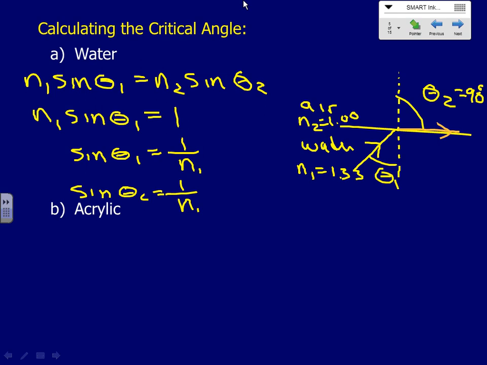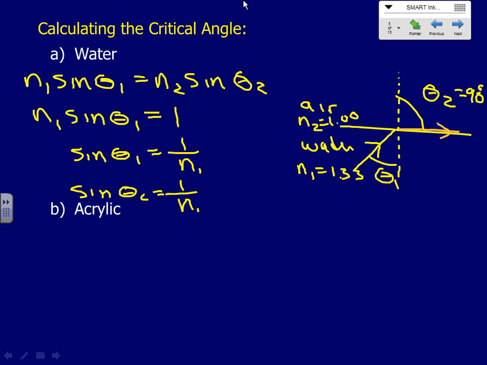N1 sine theta 1 equals 1, right? And you want to do this. You want to go, let's divide by N1 and divide by N1. How's this looking? Is that looking better for you? And then I want to go like this, right? Yeah. Because when you do that type of thing in a multiplication, you always end up simply taking it and putting it down on the other side.